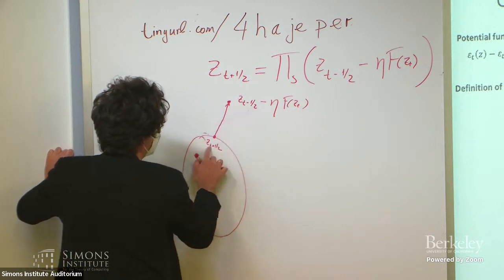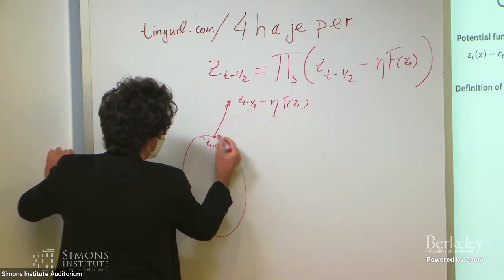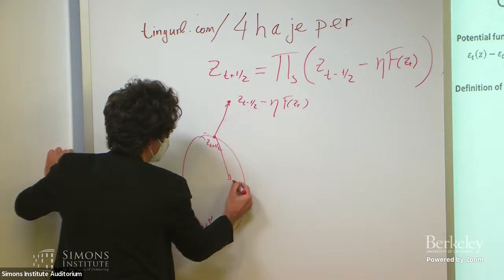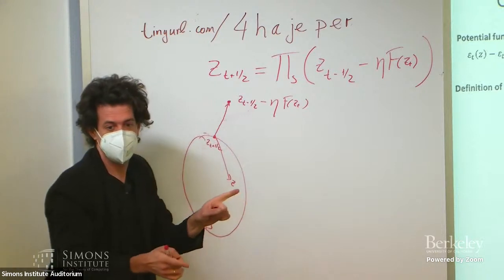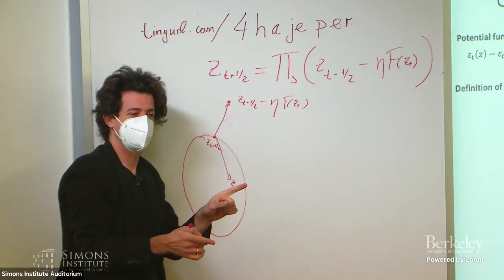So what does it mean that this point is the projection of this point? It means that if you choose any other point z in your domain, this angle is, how do you say in English, obtuse.